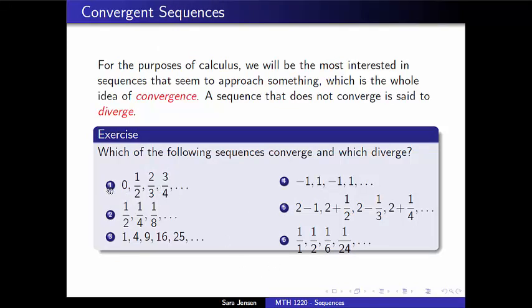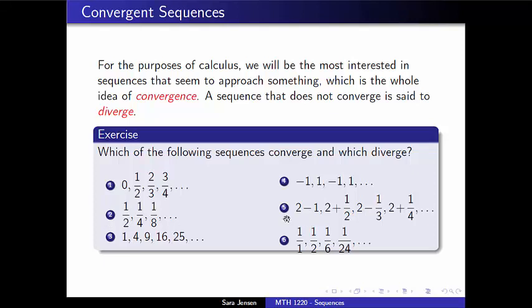Now sequence 1 has a limit of 1, and we are approaching that limit from below. The numbers here are getting closer and closer to 1, but they're always proper fractions, which are less than 1. Sequence 2 is approaching 0, but these numbers are all positive. So sequence 2 is an example of a sequence that is converging to its limit from above.